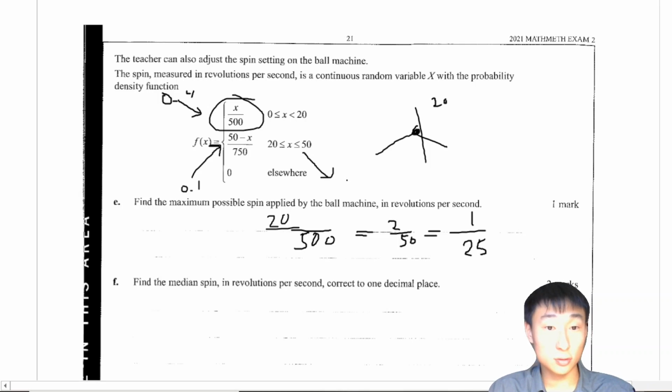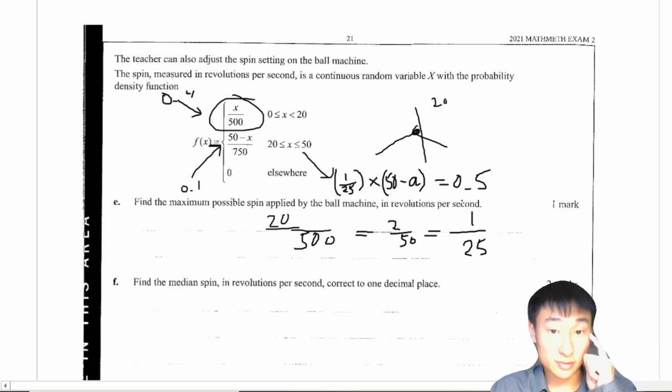You can solve essentially 1 over 25 times 50 minus x, or I'll just say a, is equal to 0.5.